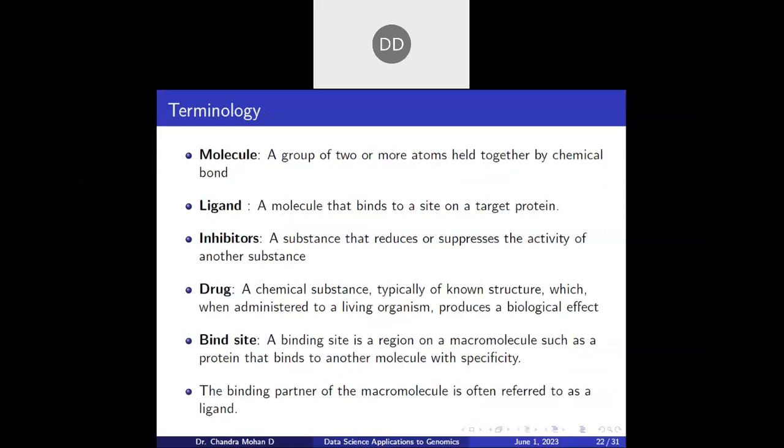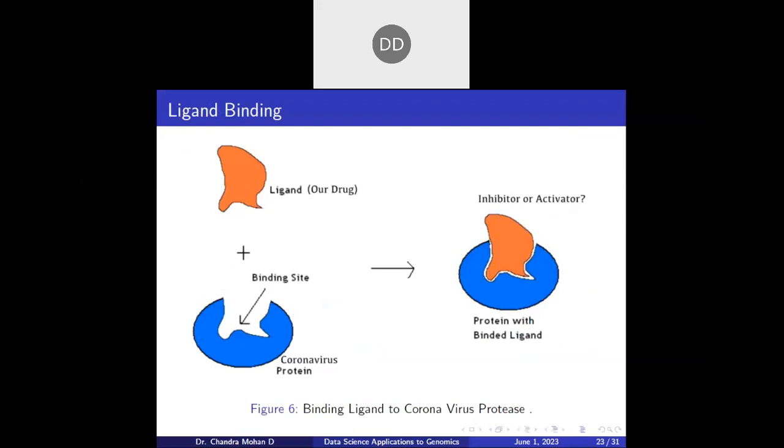Now binding site, where the drug or ligand interacts with the protein, that position we call the binding site. The binding partner of the macromolecule is often referred to as the ligand. So take it, this is a ligand, this is a binding site. If it binds effectively here, it will bind like this pictorial representation.